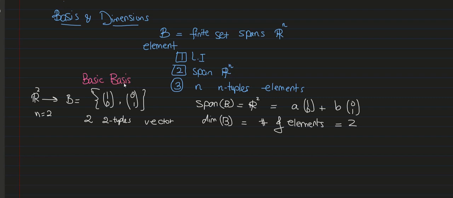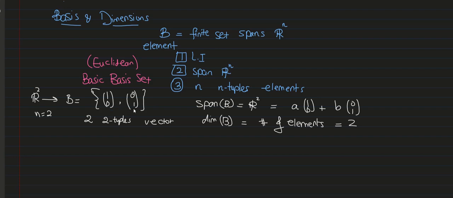Basis with an I is the singular, with an E is the plural. So this is the basic basis set, which sometimes is called the Euclidean basis, which means that there exist other basis sets.